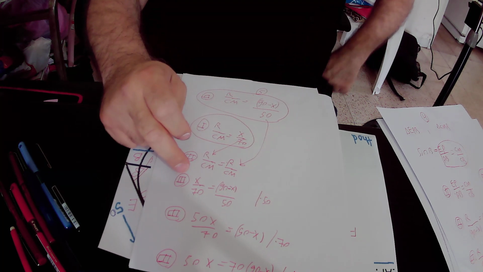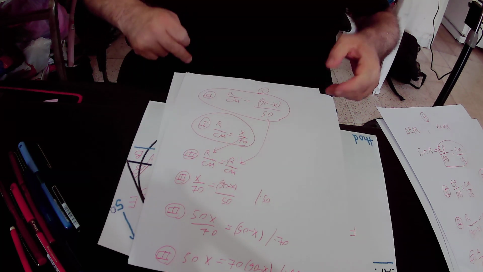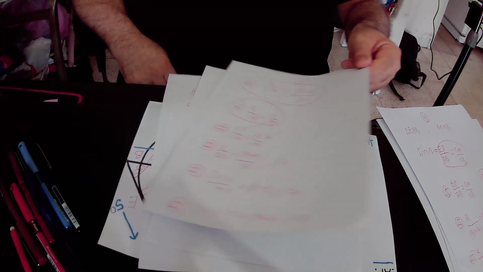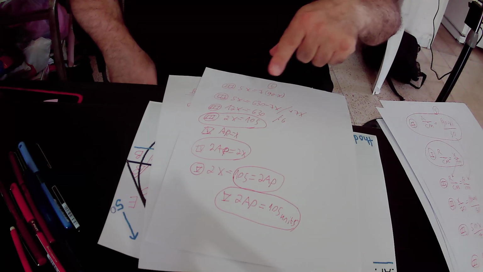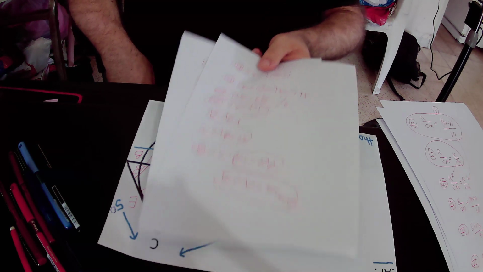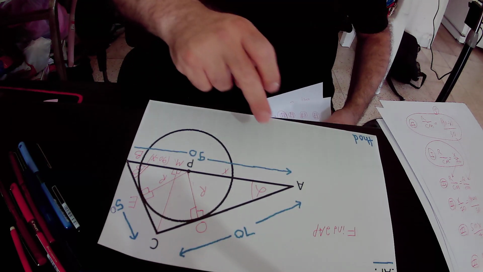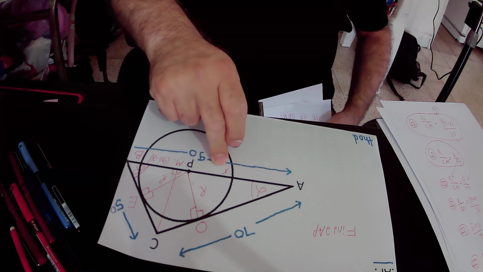So in total we got that X over 70 equals 90 minus X over 50, and at the end we got that 2 times X equals 105 from one side, but from the other side we know that according to our definition AP equals X.